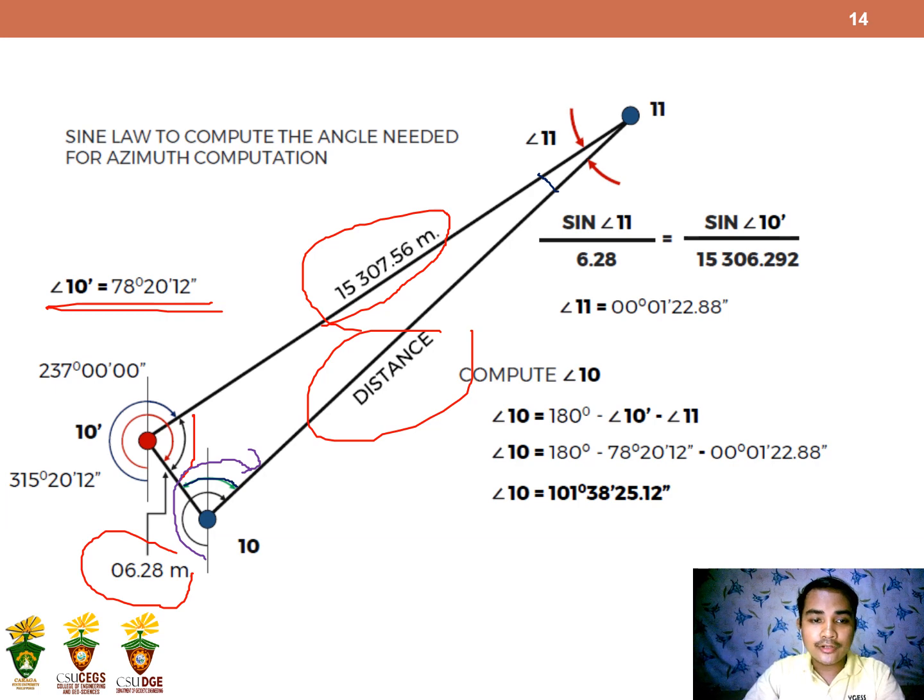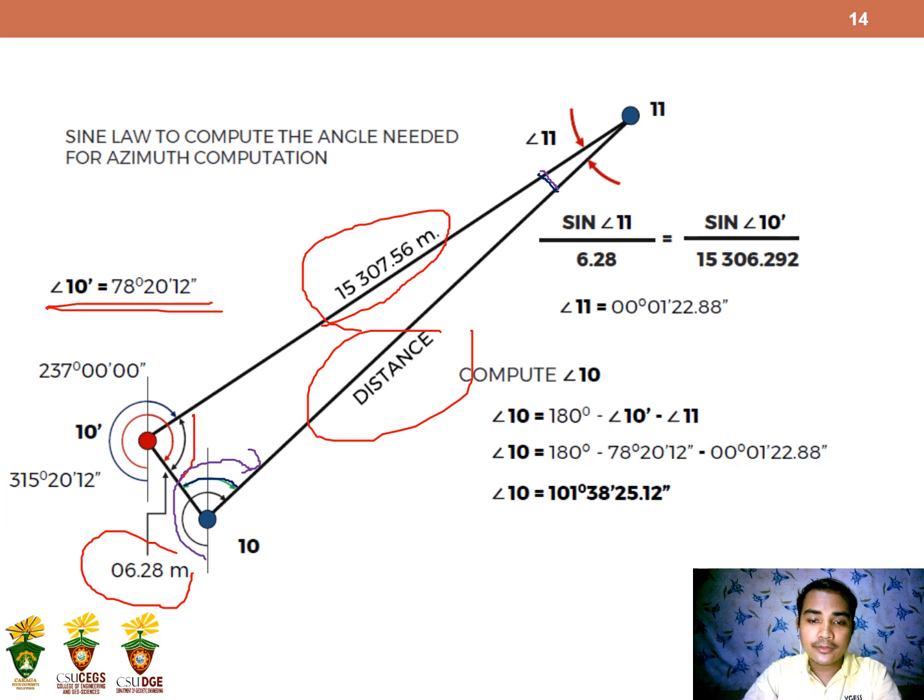So we are going to use now the sine law, which is used to compute the angle needed for the azimuth computation. Using sine law, we now have the equation: sine angle 11 over its opposite side, 6.28 meters, is equal to sine 10 prime, which is given as 78 degrees 20 minutes 12 seconds, over the opposite side, which is the distance we got earlier, 15,306.22 meters.